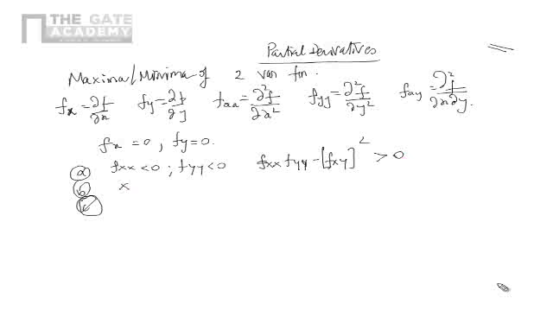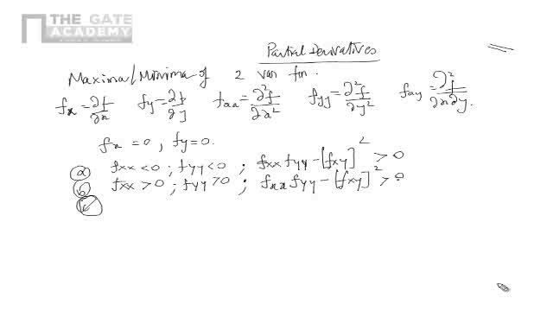Then the second case was fxx greater than 0, fyy greater than 0, fxx into fyy minus fxy the whole square is greater than 0.